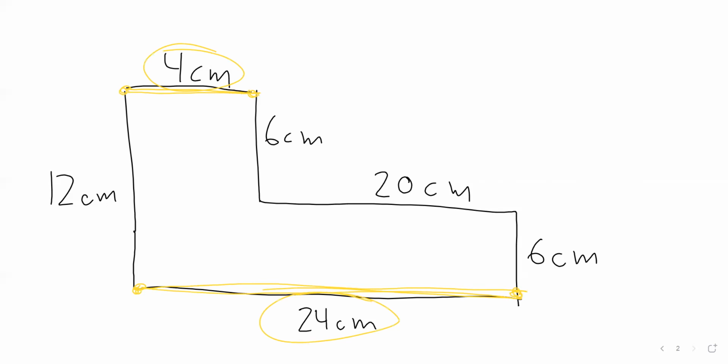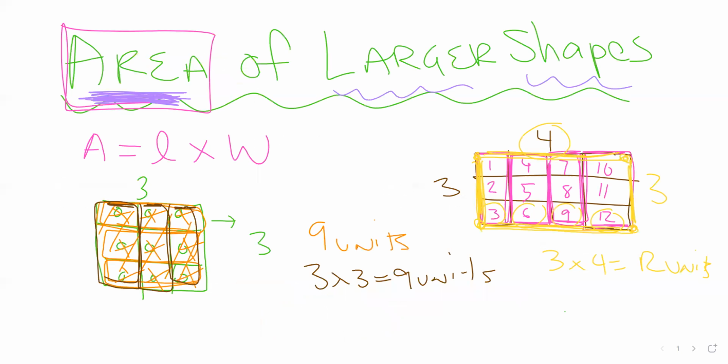So like we can't just grab numbers and multiply because well, it's not all the same. It's not an equal distribution of 3 rows of 2, or in this case, I actually don't have 4 columns of 12 because it cuts off right here. It ends. So we can't just go straight to, oh, boom. Well, if I just had rectangles and squares, life is easy. Multiply my length times my width and I'm done.